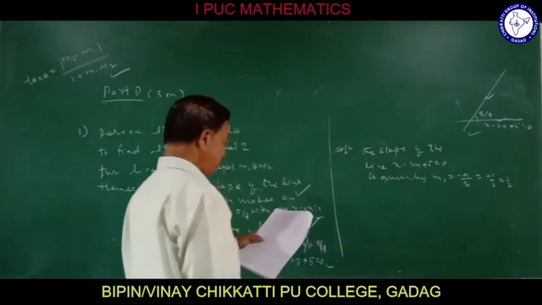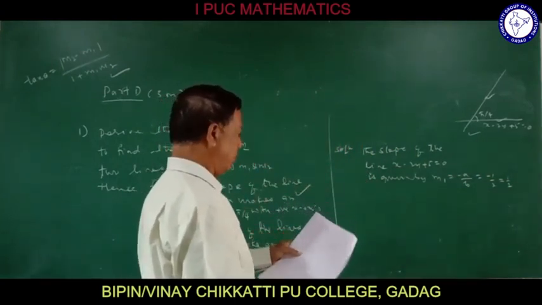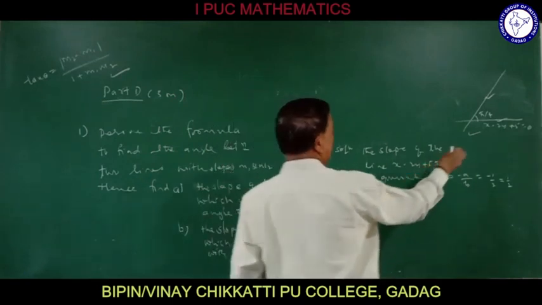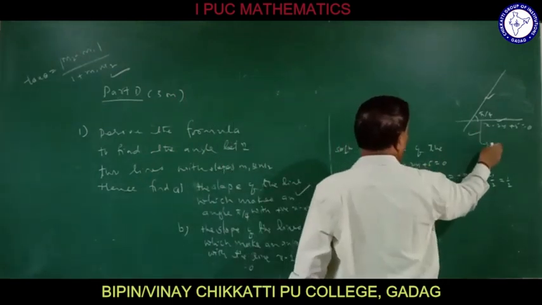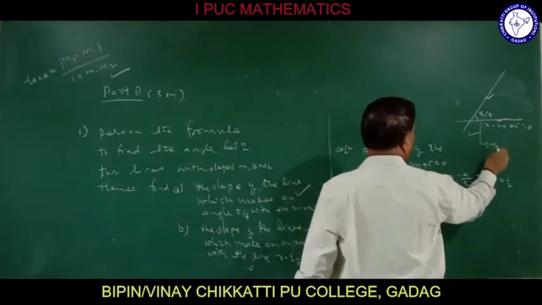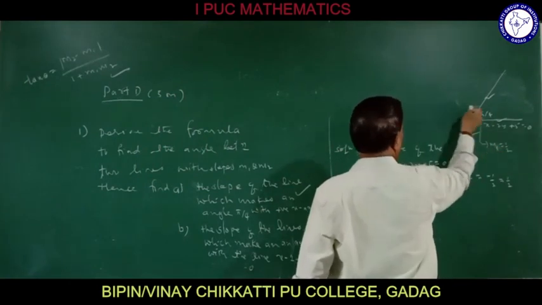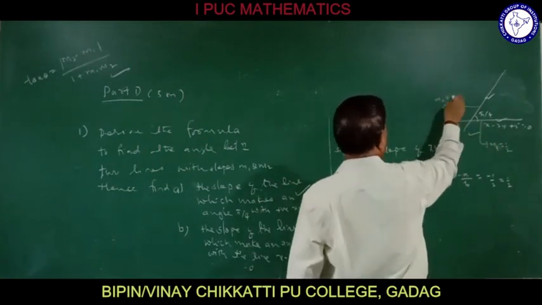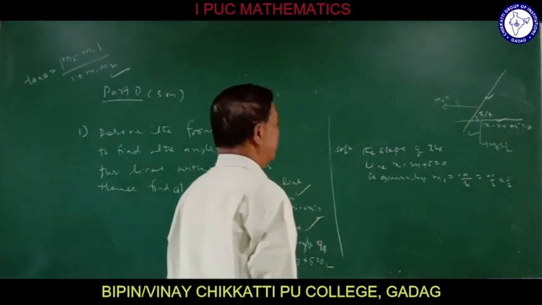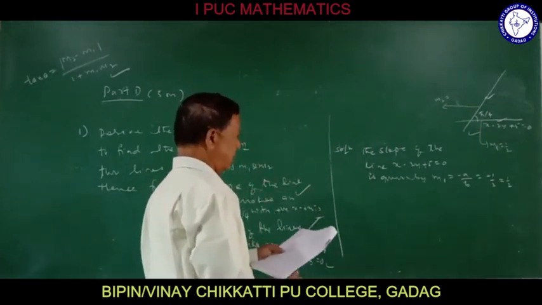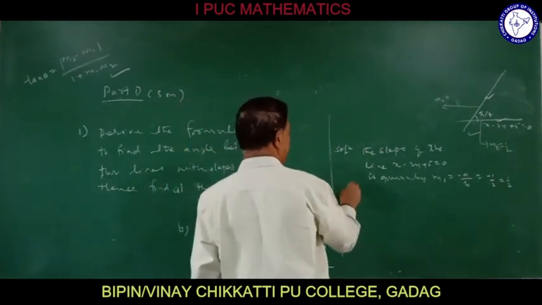So m1 is equal to 1 upon 2. And this other slope we call m2.